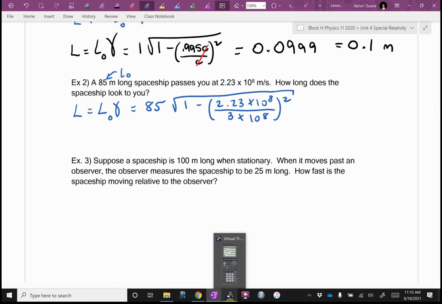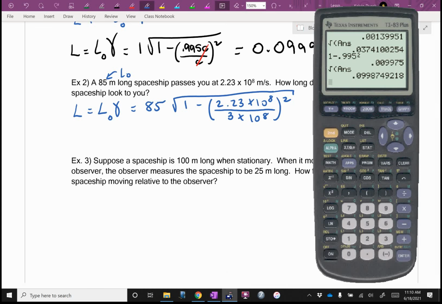I would probably start with that mini fraction, 2.23, scientific notation button 8, divided by 3, scientific notation button 8, squared. 1 minus that, square root of that, and then times 85.